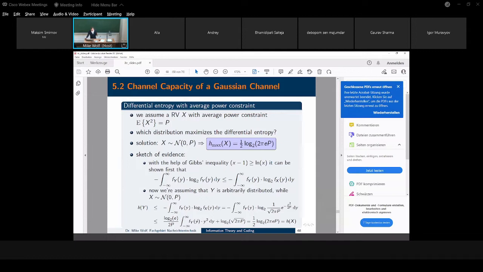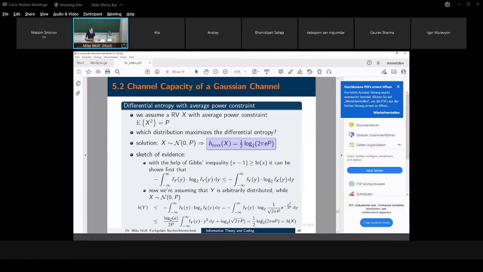But we assume that y has the same power as x because we are interested in the differential entropy at a given power. So y and x have the same power. This is really important. But y has a different distribution, not Gaussian distributed. But still, this is the power of y.